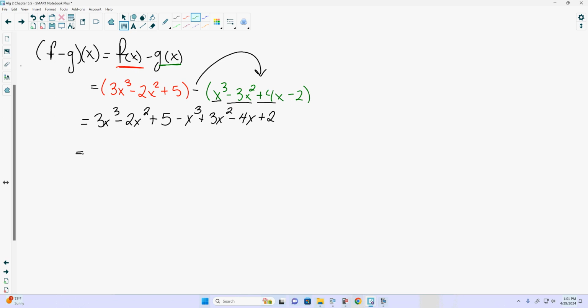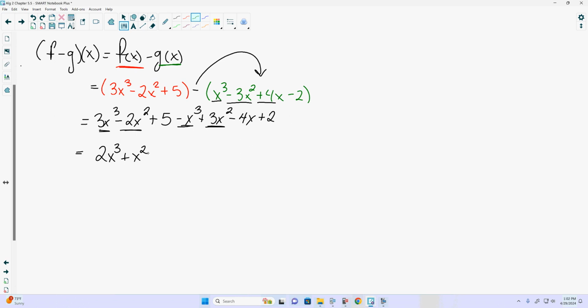Always start with the one with the biggest exponent first. 3x cubed minus x cubed is 2x cubed. 3 minus 1 gives us 2. X squared, negative 2x squared plus 3x squared is plus x squared, because negative 2 plus 3 is 1.